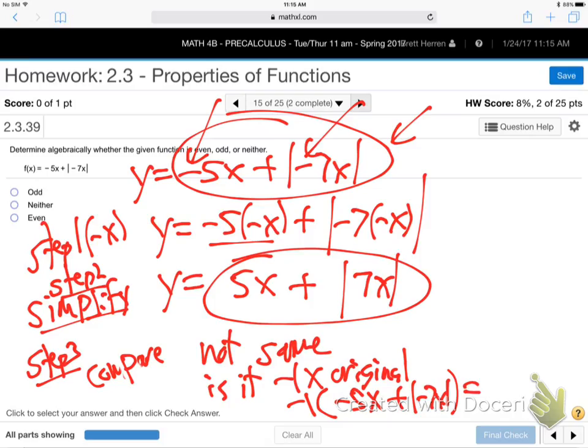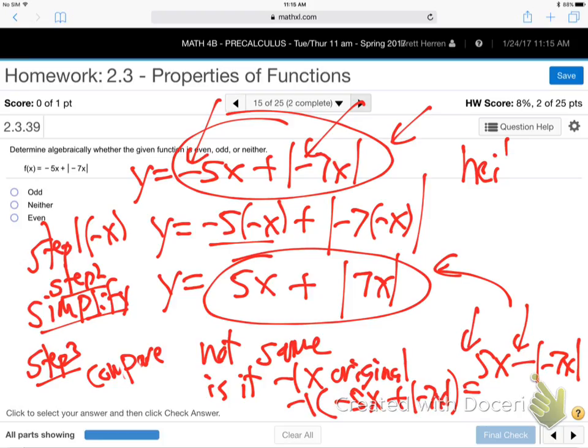That'd be positive 5x minus the absolute value -6, wouldn't it? It would change both sides. It would change that to positive and that to negative. And that's not what we've done either. We've changed one sign but not the other, right? This is not that. So it's neither. This is a neither case. Does everybody see that? It's neither even nor odd.